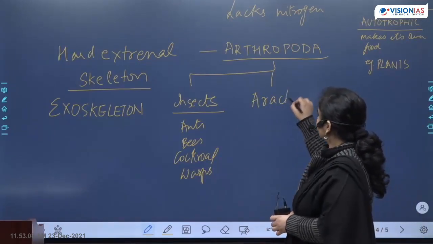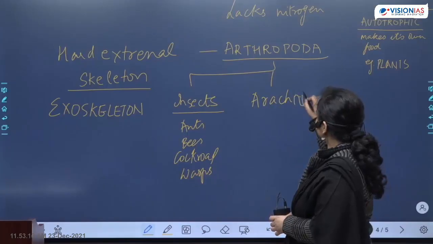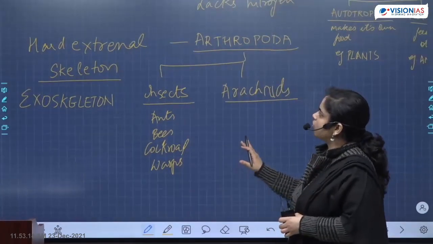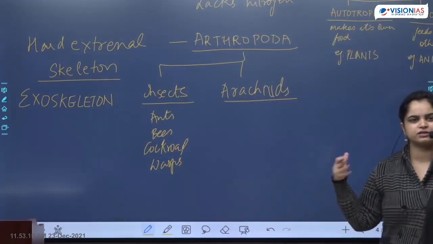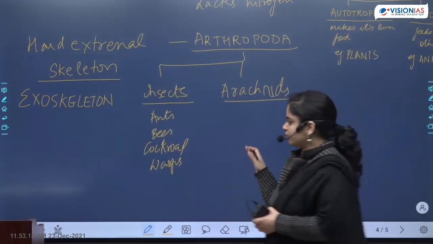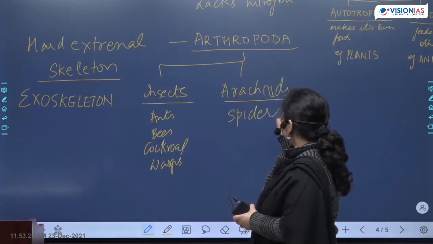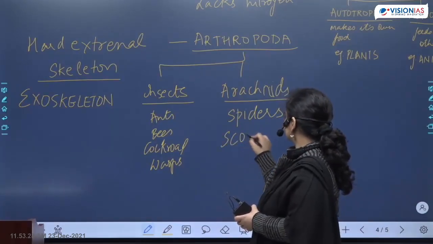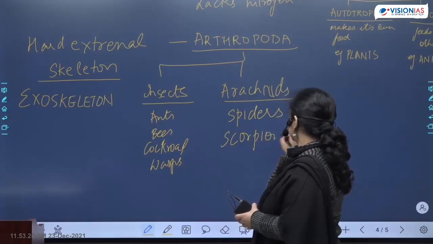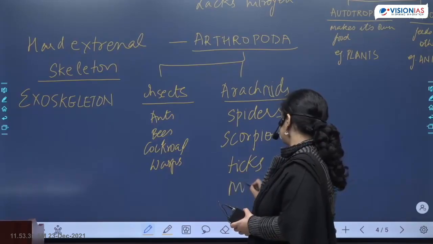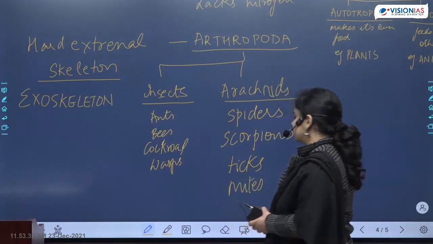Second, arachnids. Now see, there is a difference in how their bodies are organized, number of legs and all of that, but we are not going into that. Arachnids, we have spiders, scorpions, ticks, mites.